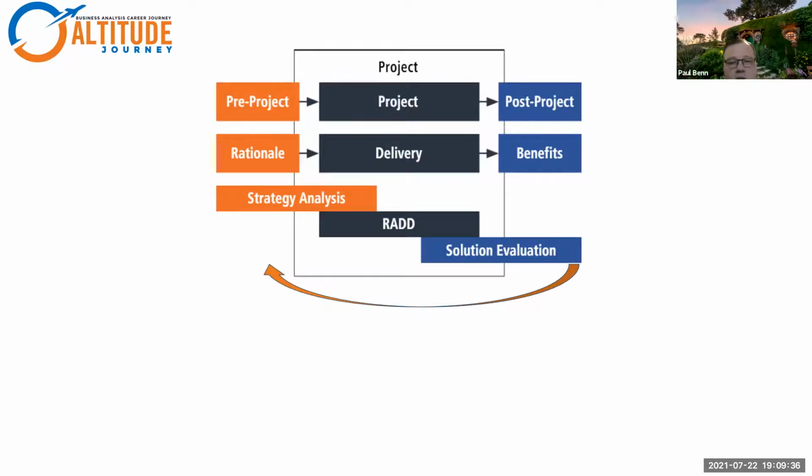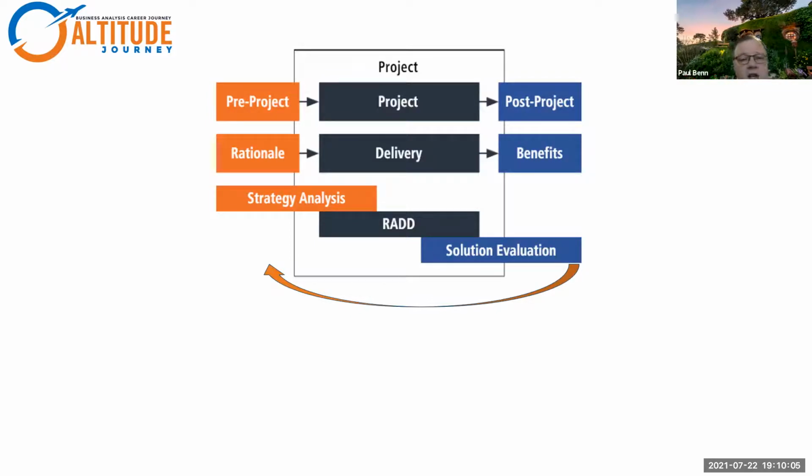In the middle of the project is what I would call traditional, normal business analysis. That is where we're working with a product, a design, a solution, and the delivery of the project. Then we start with some solution evaluation and come out the other end. Within all of that, we're using our traditional BA skills: planning and monitoring, elicitation and collaboration, requirements life cycle management, and all that.